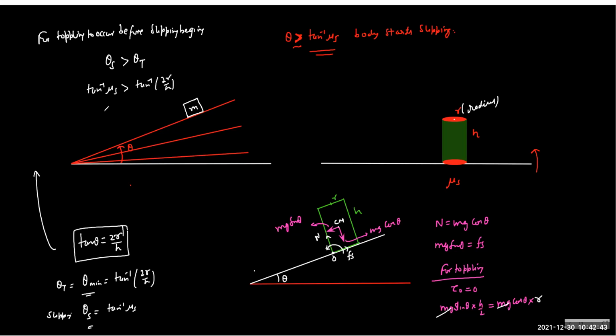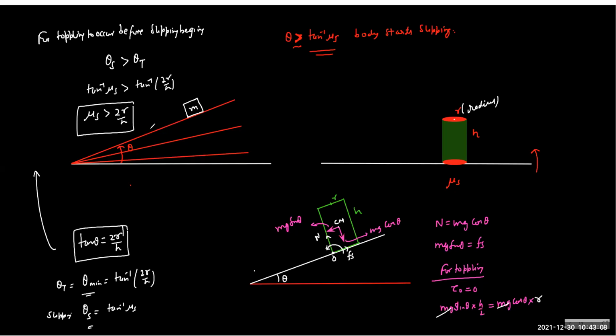And tan is an increasing function, so we can say mu s is more than 2r by h. If the coefficient of friction exceeds 2r by h, the body can topple before slipping can begin. And this is the toughest question for you from the torque concept.